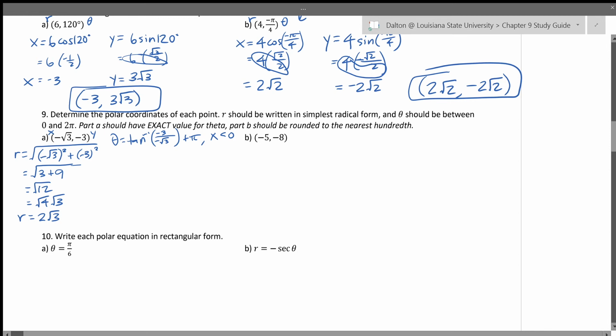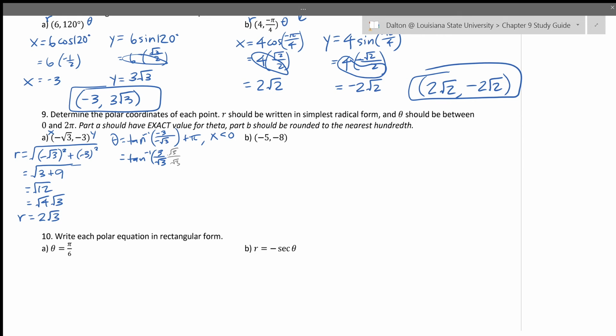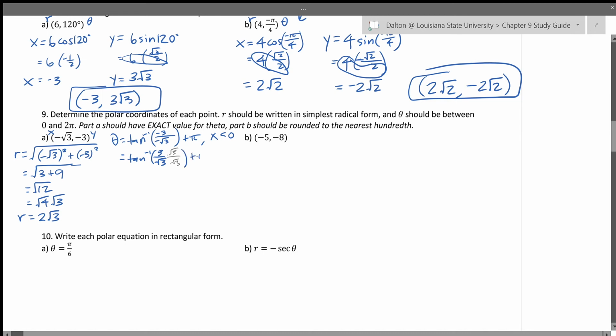So then we're going to go ahead and simplify this as much as possible. Remember, you have to have an exact answer for theta. So this is going to be tangent inverse. Negative over negative is going to be a positive 3 over square root of 3. I'm also going to rationalize it in the same step, multiplying by square root of 3 over square root of 3, plus pi.